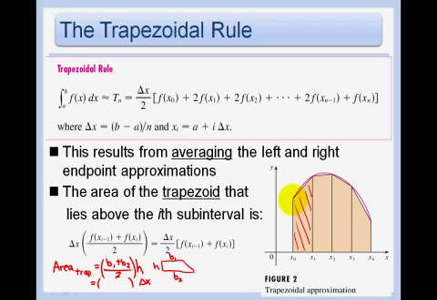Your base 1 we said was this. And isn't that length just f of x sub 0? So that's f of x sub 0 plus f of x sub 1 all over 2, because this height here is f of x sub 1, right?